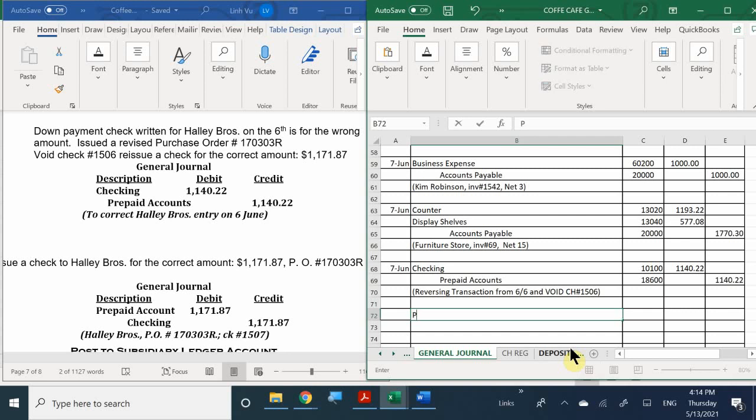In this case, we're going to use the same account, prepaid accounts. And once again, we are going to write checking. This time, prepaid accounts is 18,600 and check is 10,100.